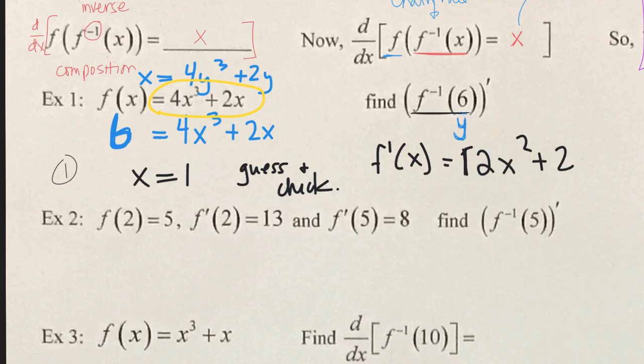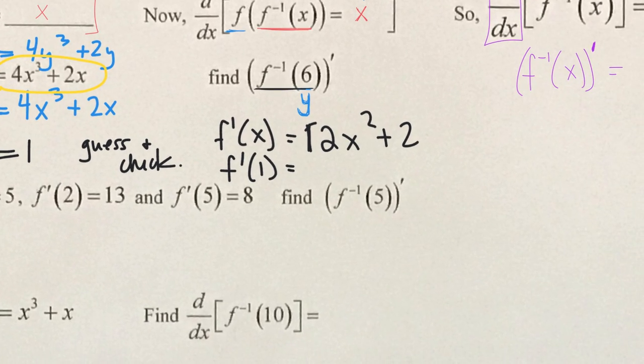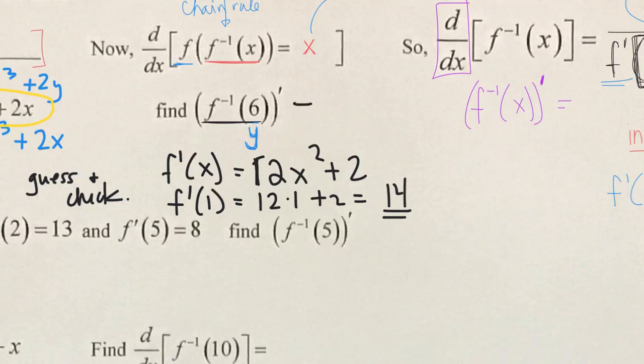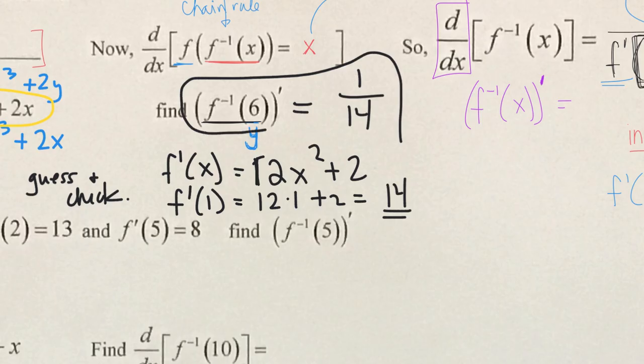And now when I plug in 1, what is my derivative at 1? 12 times 1 plus 2 is 14. Okay? So this is my denominator of my answer. So I can write the answer as 1 over 14. And that is your complete answer.